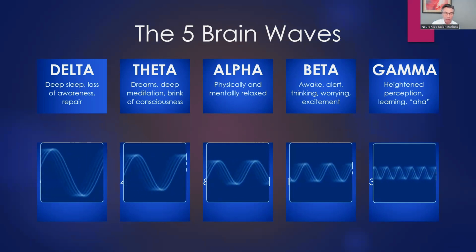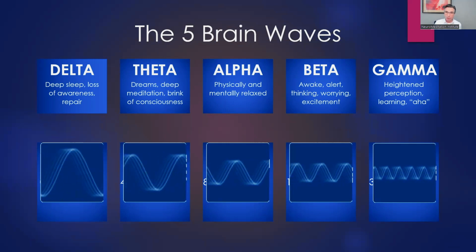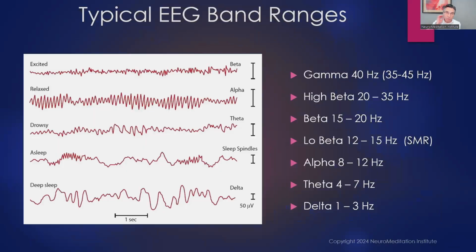So it's faster, with more repetitions. To get more specific and more realistic, we break it down by how many repetitions there are in a second of time, and that tells us which brainwave it is.